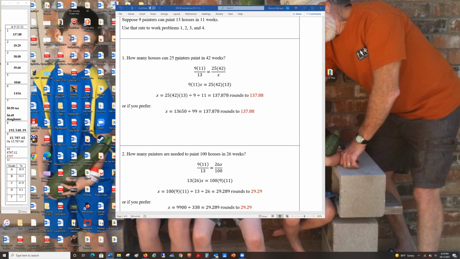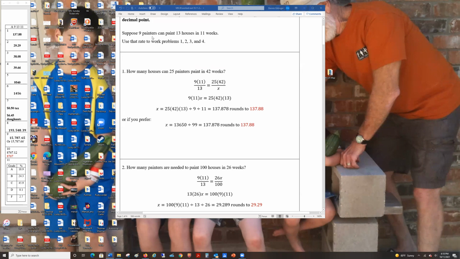I don't know, but 25 painters times 42 weeks is painter weeks divided by X number of houses. So in all cases, we're going to have the same thing on one side of the equation: 9 times 11 times 13, based upon the fact that 9 times 11 is 99 painter weeks, can do 13 houses. How many houses can 25 times 42 painter weeks do?